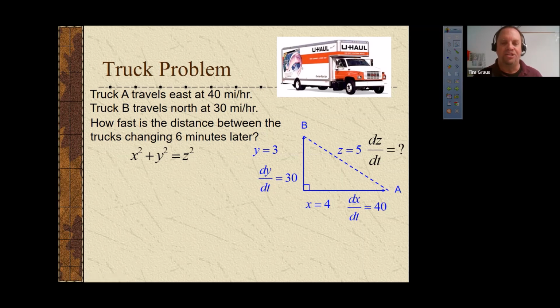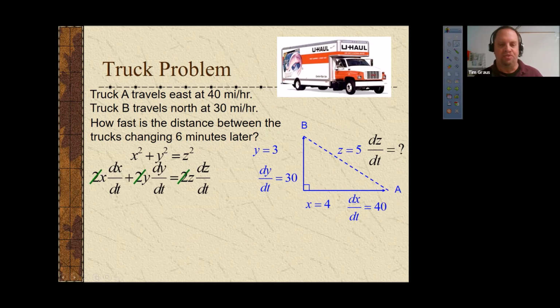I'm going to differentiate, and any value that changes over time, I have to consider to be an implied function of t. So the derivative of x squared is going to be 2x dx dt. The derivative of y squared is 2y dy dt. The derivative of z squared is 2z dz dt. As I look at all the values I'm given, I see places where I can plug them in.